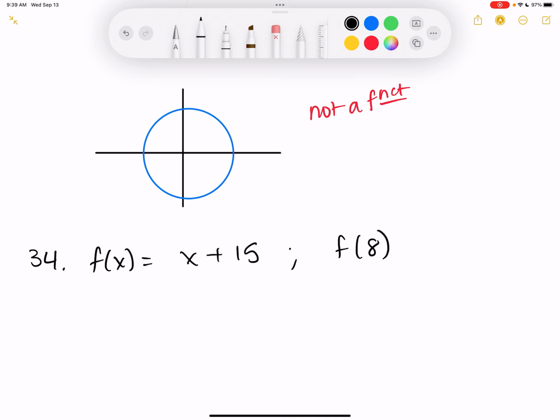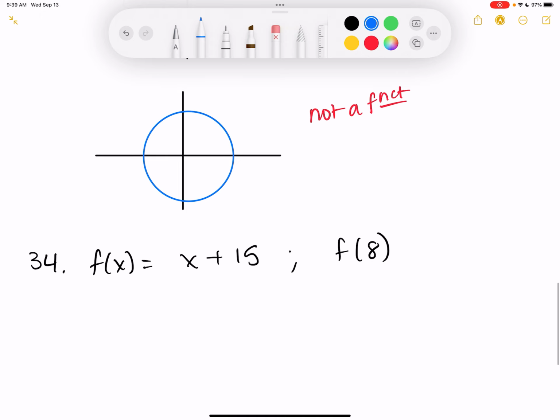Well, y equals mx plus b. There's an imaginary 1 here, that is your m, your slope. You remember that? All right, so this is linear. So then we plug in the point. f of 8 is equal to 8 plus 15, which is 23.